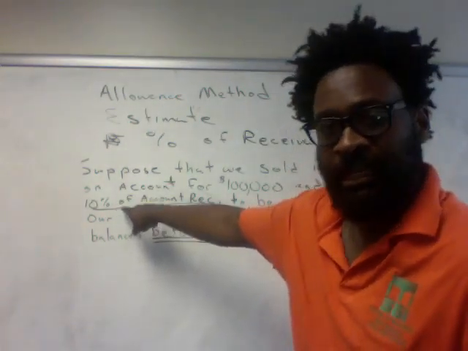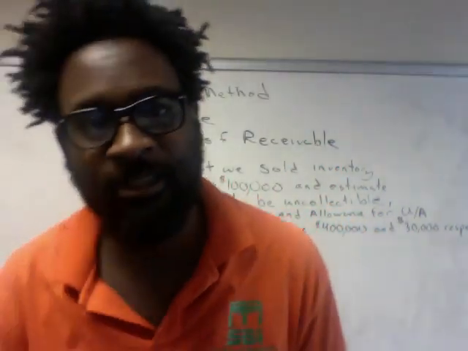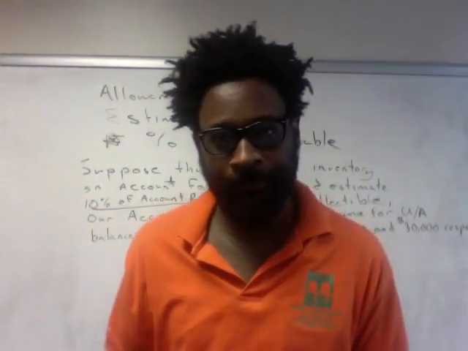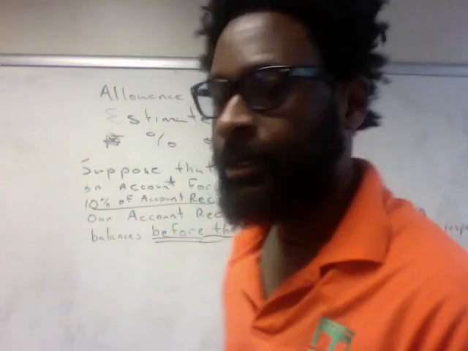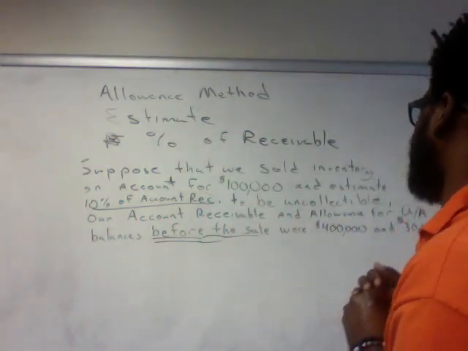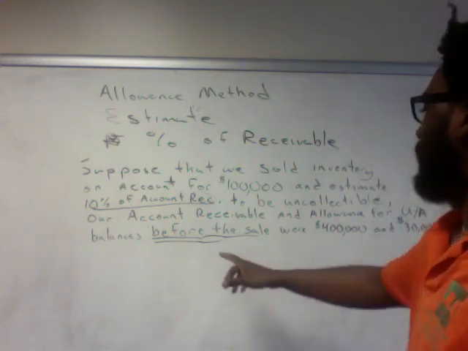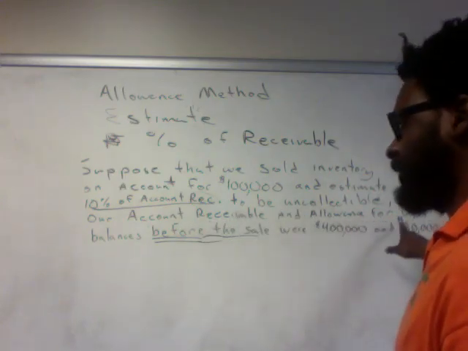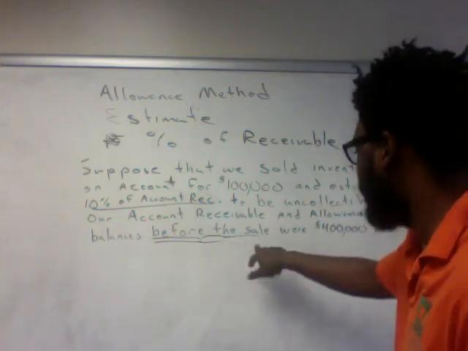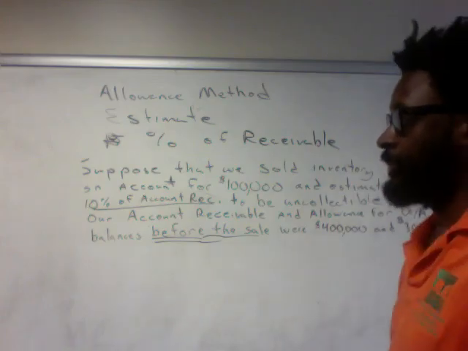Because it tells us 10% of accounts receivable, in contrast to 10% of sales. And it says that the balances for accounts receivable and the allowance before the sale were $400,000 and $30,000 respectively.